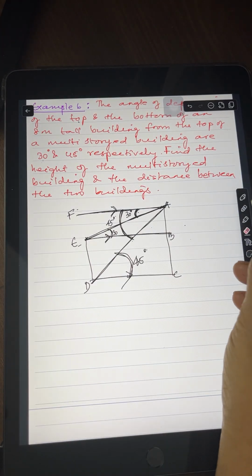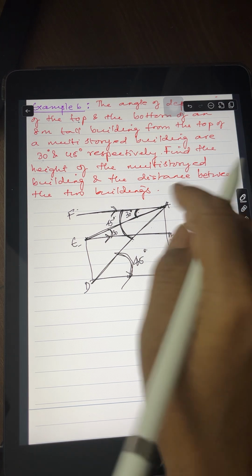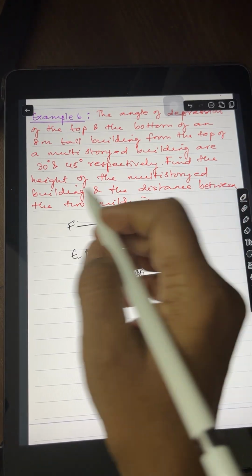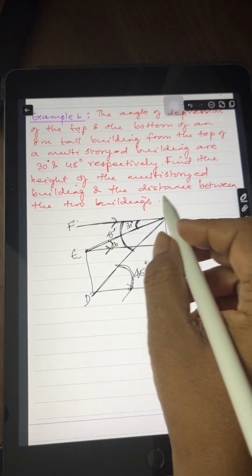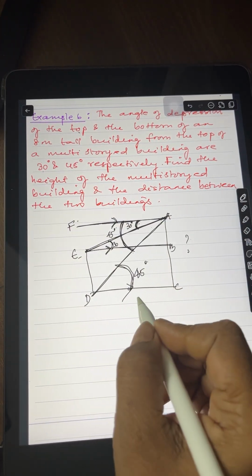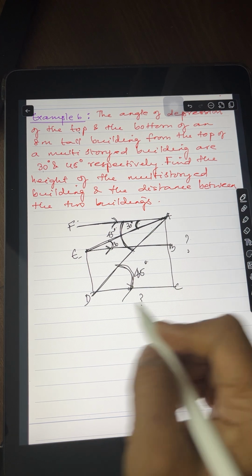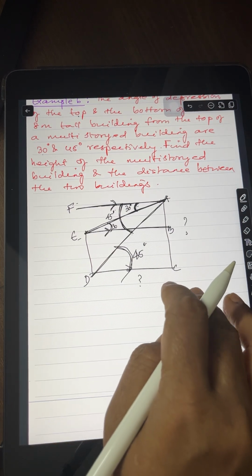Okay, now you see what you will have to find out: the height of the multi-storied building and the distance between the two buildings. You will have to find out AC and DC.